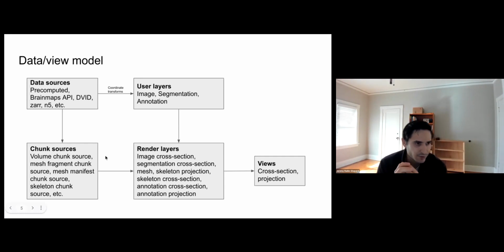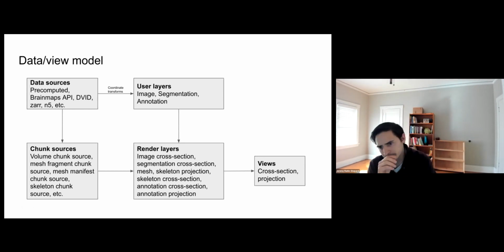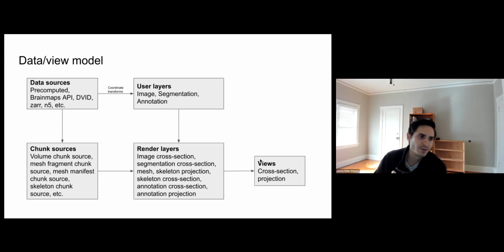For a mesh data source, a chunk is going to be a particular fragment of the mesh, usually corresponding to a particular subregion of the volume. And so the render layer makes use of these chunk sources. And then finally, there are these views. In a given Neuroglancer viewer, we might have multiple cross-section views and multiple projection views.